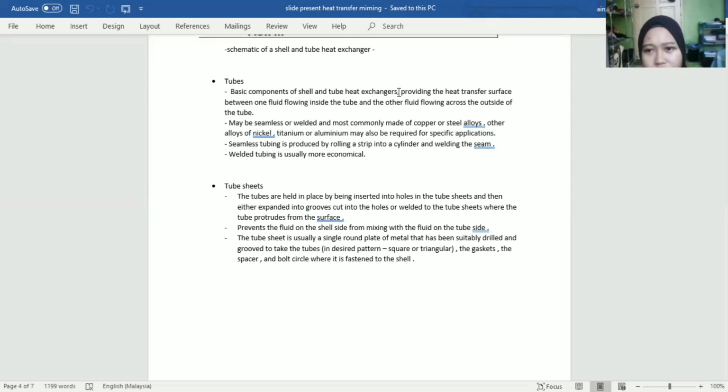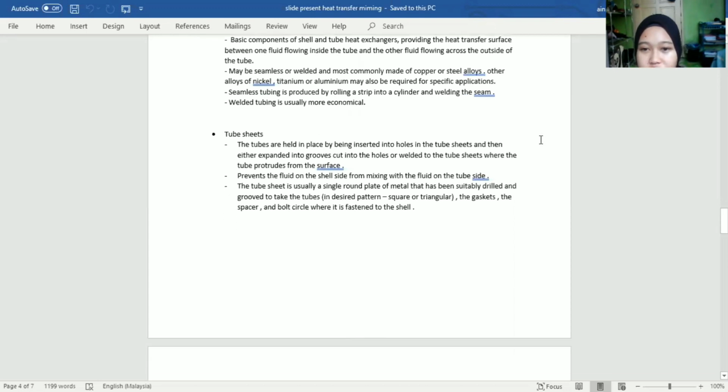The tube sheet is usually a single round plate of metal that has been drilled and grooved to take the tubes in the desired pattern, square or triangular. The gasket space is a border circle wherein it is fastened to the shell.